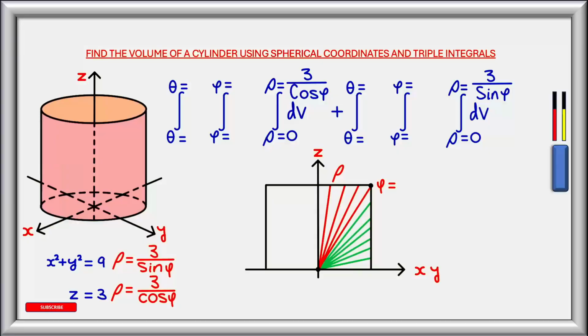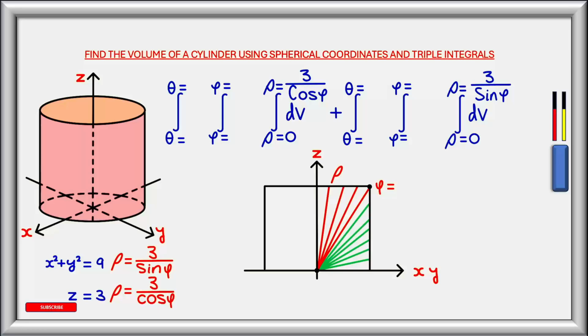And so, for this structure, we need a pair of triple integrals. In the first, rho begins at 0 and extends to 3 divided by cos phi. And in the second, rho again begins at 0 and extends to 3 divided by sine phi.